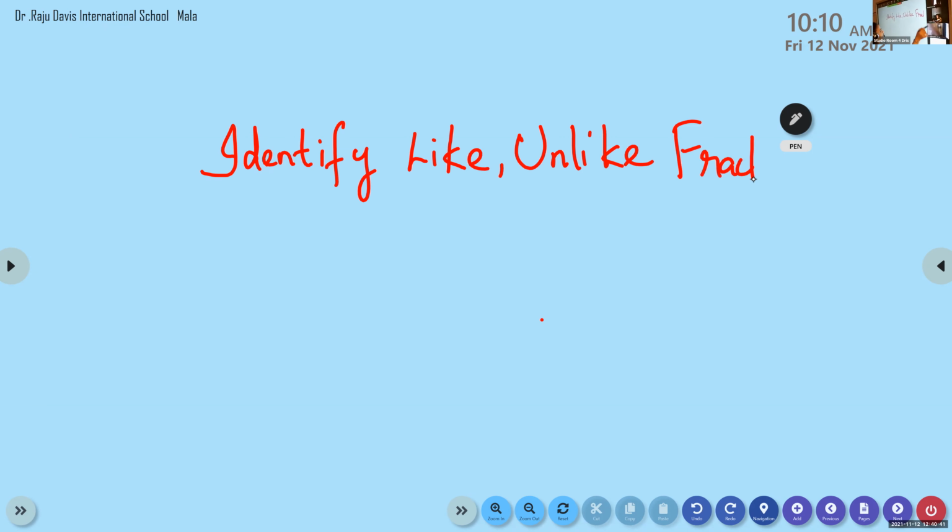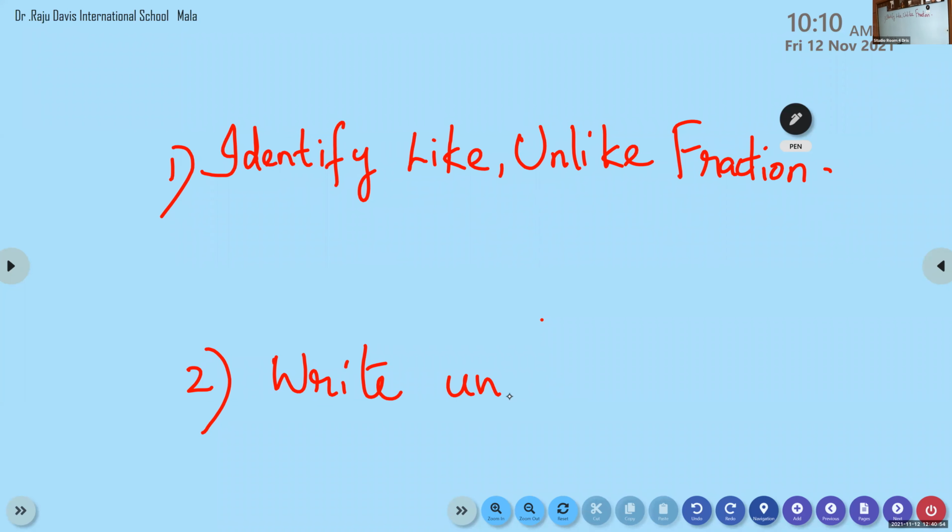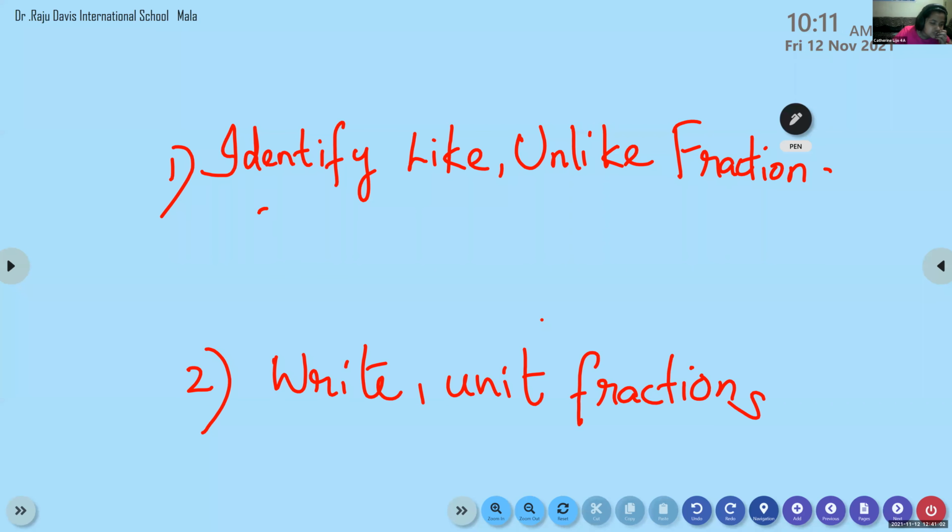Identify means you have to identify which fractions are like and which are unlike. That is question number 1. Now question number 2: write one unit fraction. Yes, write the question. Identify like and unlike. Only that much we have to write.